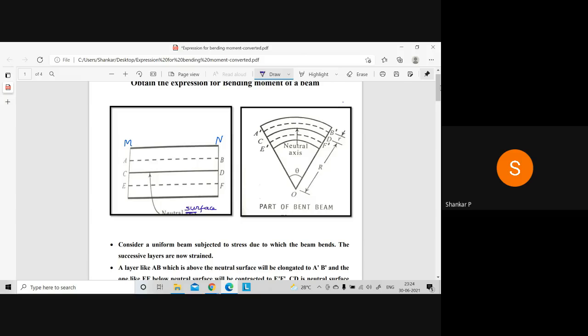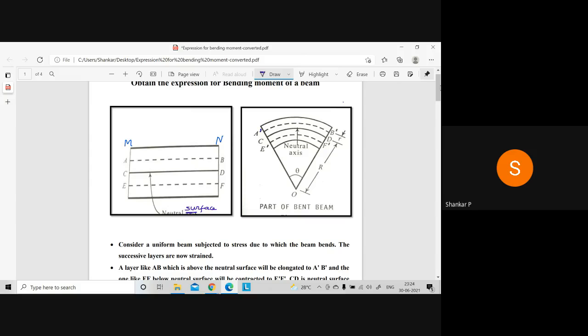So if we subject the beam MN to a stress, if we subject it to bending, we can observe here that the surface CD remains as CD, which does not undergo any change in its dimension. Whereas the layer AB has been elongated, and the new length will be A dash B dash.